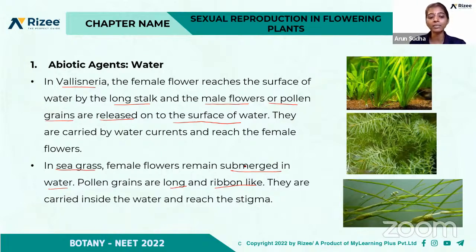If the pollination is happening outside, on the surface, it is called epihydrophily, and if it is happening inside the water, it is called hypohydrophily. Hydrophily is a general term for pollination with the help of water, right?